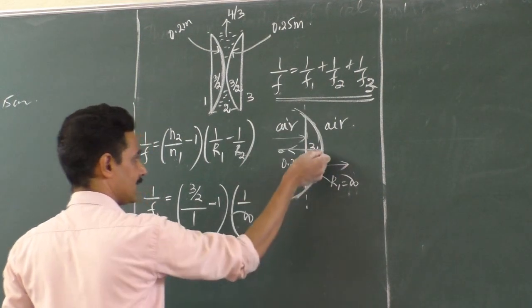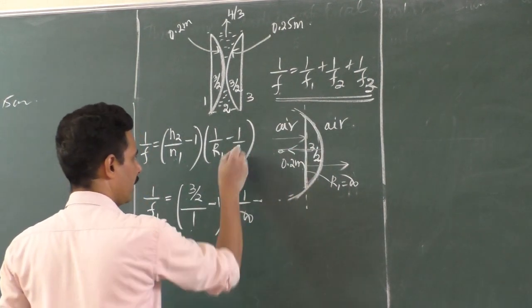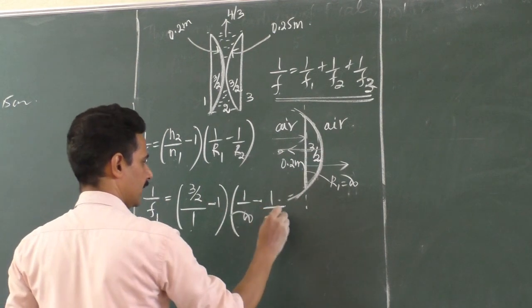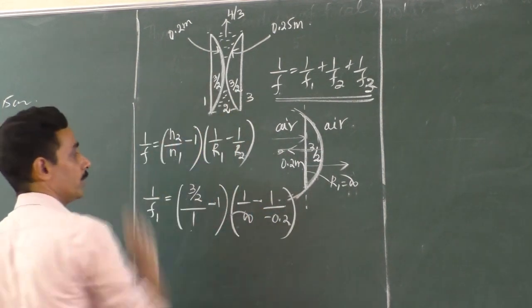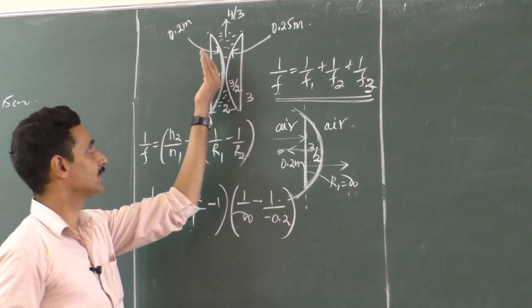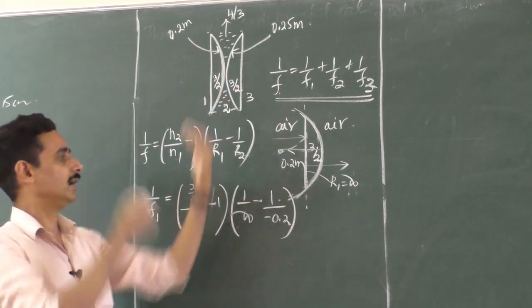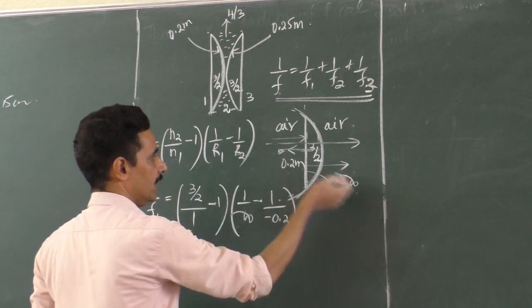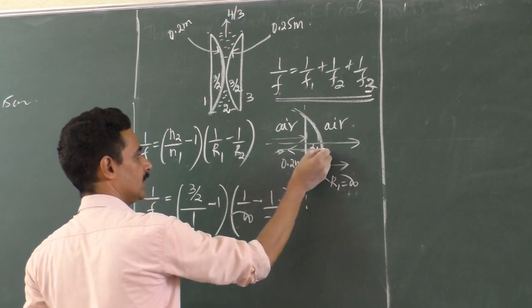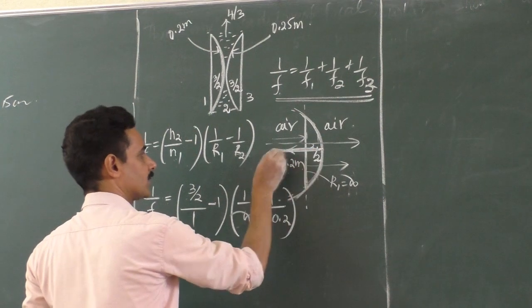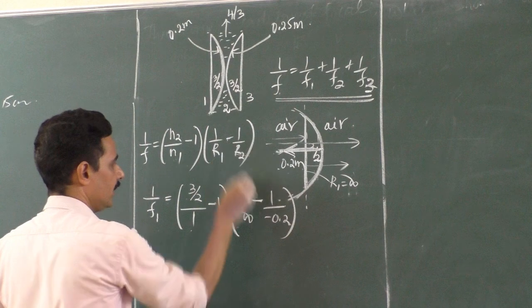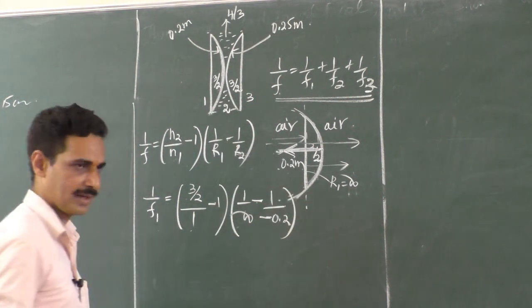For this one, it is on the left hand side, so minus in the formula, since this is on the left hand side, another minus for the first surface. Hope you have followed this. This surface is facing this side, its center is here. So if you are moving in this direction along with the ray of light, the distance from the center to the surface, that is the radius, has to be measured like this. So minus 0.2, minus in the formula, minus contribution from sign convention.